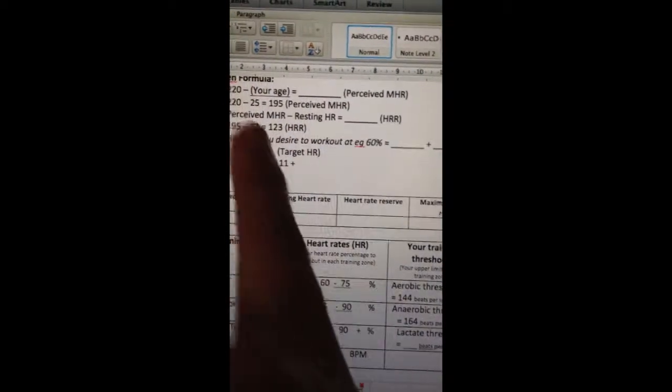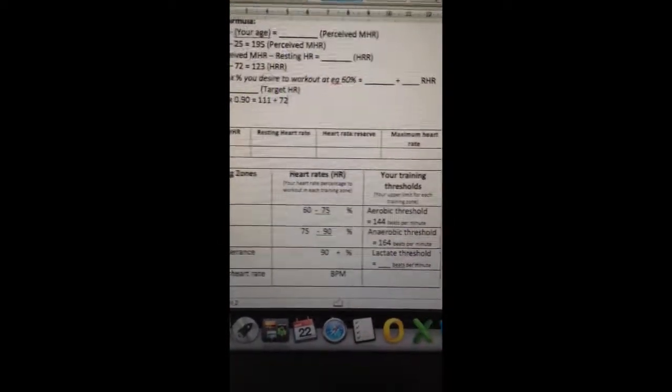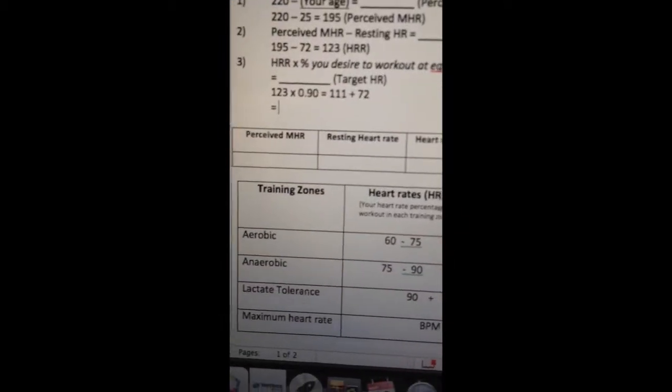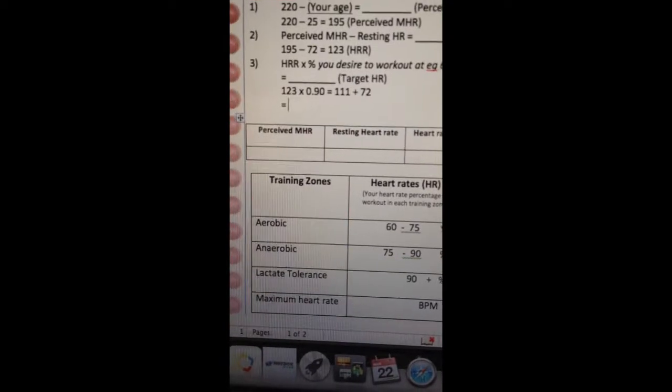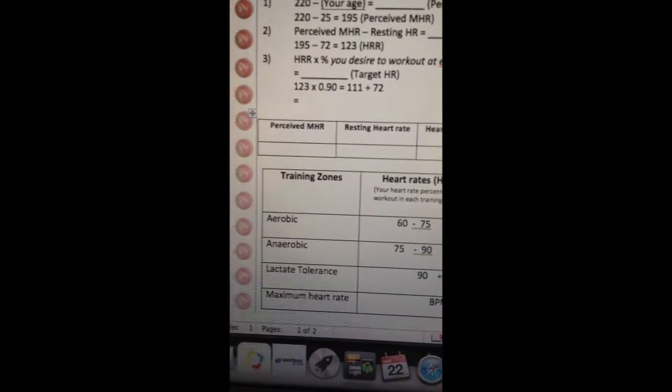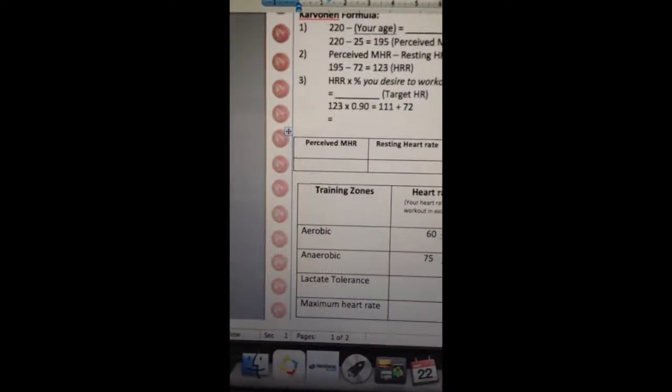I haven't finished yet because you can see here there's another space. I need to add my resting heart rate. My resting heart rate is 72. It will be different for you, different for everyone. And when I add 111 plus 72, I will get my target heart rate for lactate tolerance.